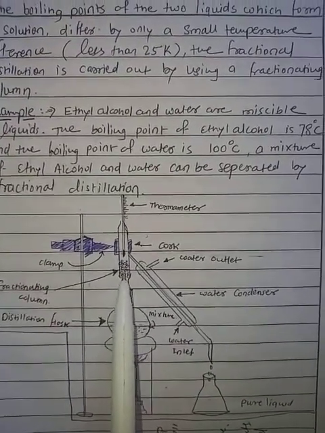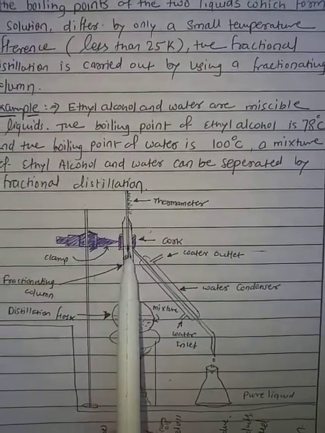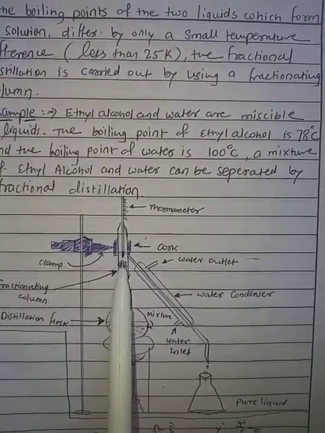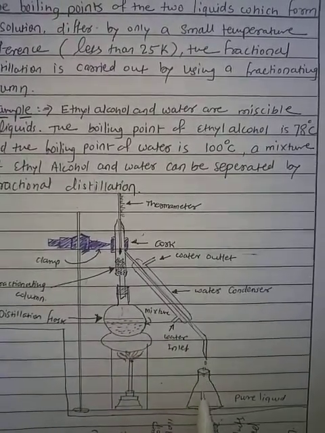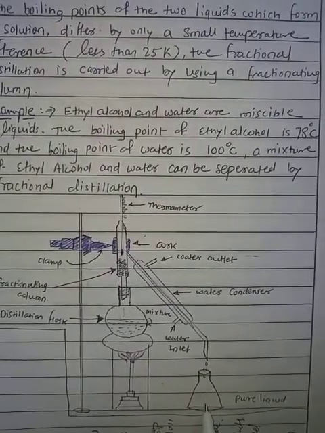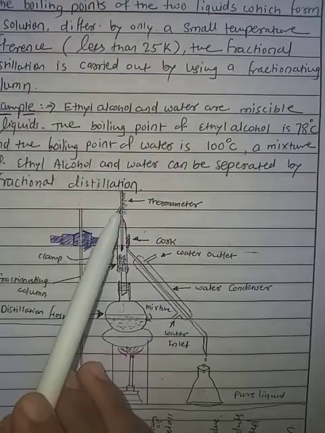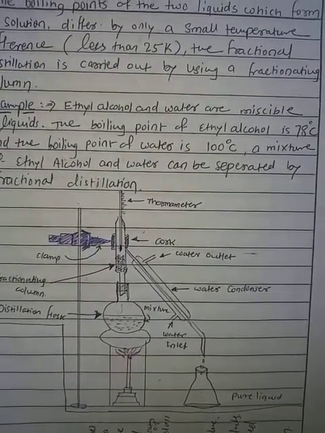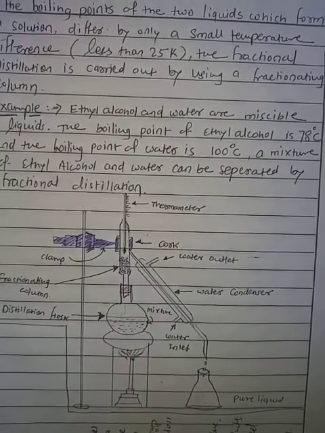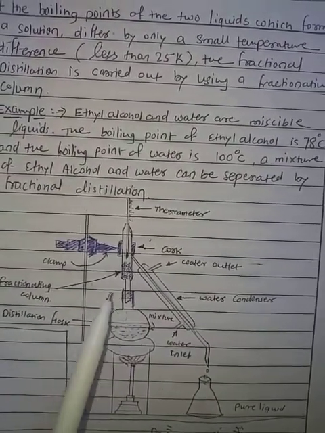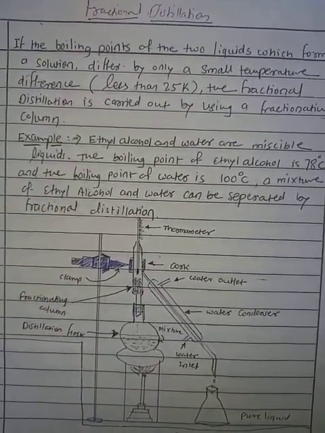Once the temperature rises to 78 degrees Celsius here, slowly the ethyl alcohol, which comes first, is collected from the condenser into this conical flask. The thermometer also gives a range of 78 degrees Celsius. Like that, we can separate in our fractional distillation. So that is all about the fractional distillation column.